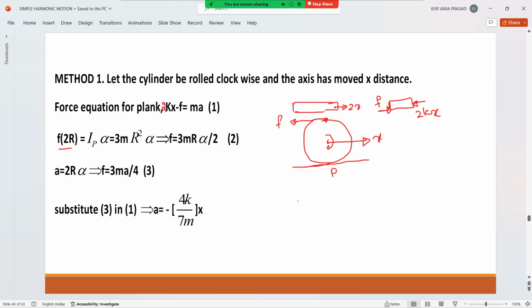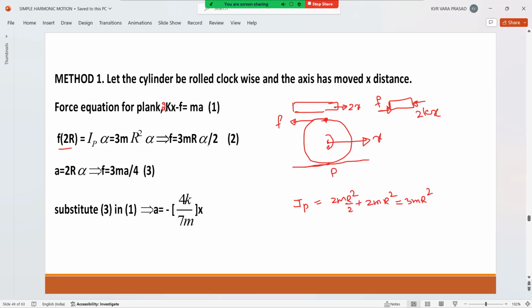About P, the mass is 2m, so it is 2m into r square by 2 plus 2m into r square, using the parallel axis theorem, that is equal to 3m r square. So 3mr square into alpha. So from this, f equals 3mr alpha by 2.